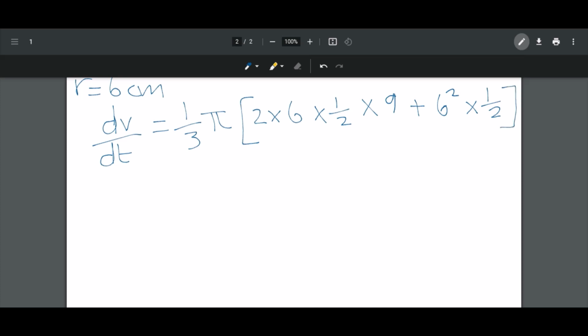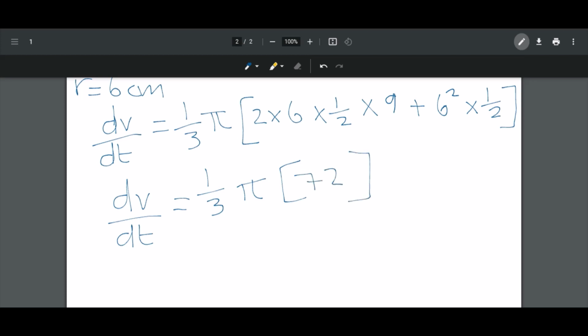Now I am going to simplify using a calculator. So dV over dt equals 1 over 3 pi times 72.